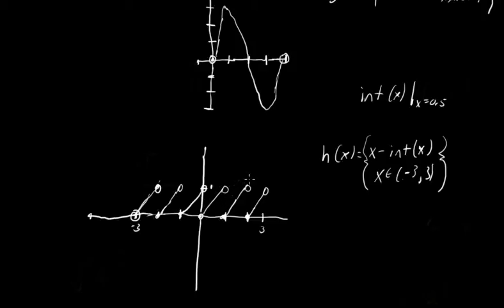But right at x equals 1, the function value will drop to 0. Why is that? Because at x equals 1, x is 1, and int of x is 1 as well. So 1 minus 1 is 0. And this pattern kind of continues on like so. This is actually called the sawtooth function because it kind of looks like a sawtooth, right?